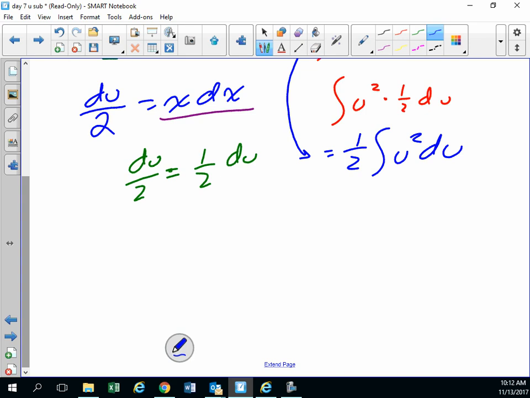Yes. Simran, what's the integration of u squared? Fabulous. Wonderful. She gave me u cubed over 3 plus c. There is a 1/2 sitting in front.